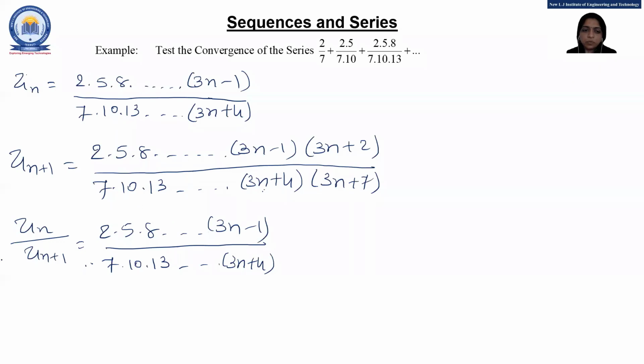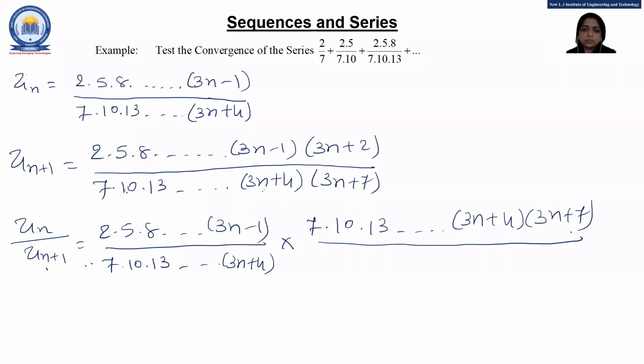Now if I put un plus 1 in the denominator, this denominator will come in the numerator, that is 7, 10, 13 up to 3n plus 4 into 3n plus 7, and 2, 5, 8 up to 3n minus 1 and 3n plus 2 will come in the denominator, right?